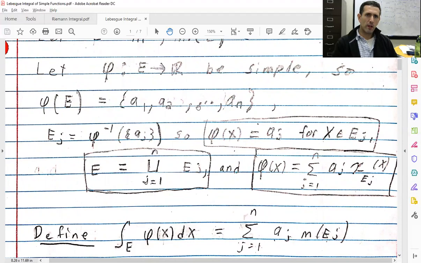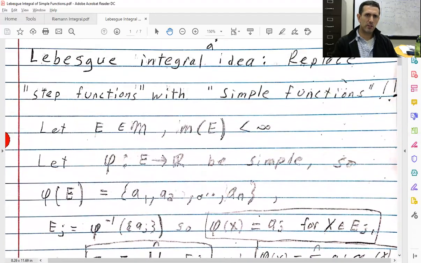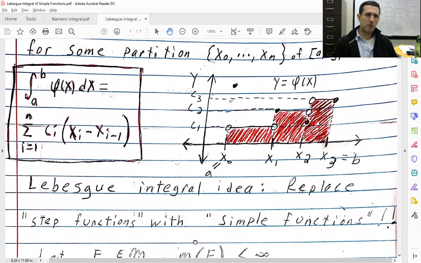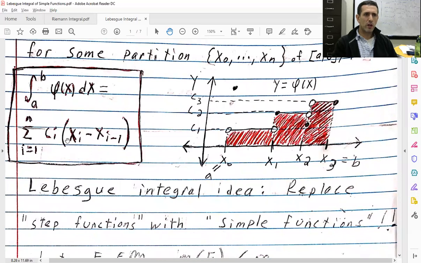Okay. Because, well, when I write this here, I'm omitting basically the terms corresponding to phi of x on these endpoints, where phi of x on the endpoints is not what phi of x is on any of my open intervals.